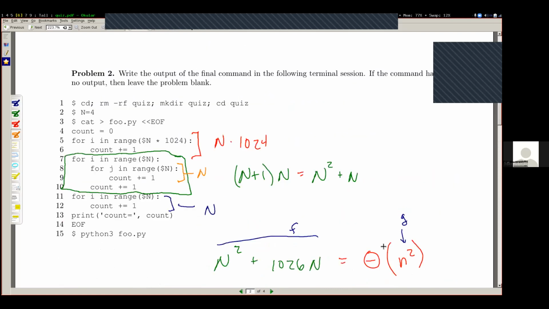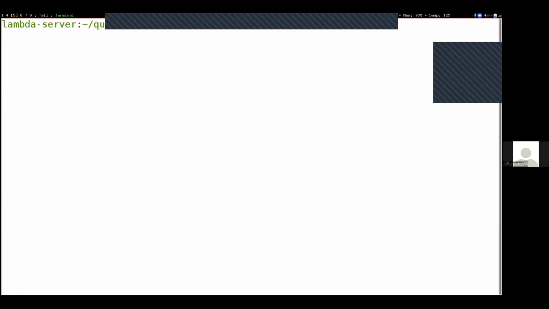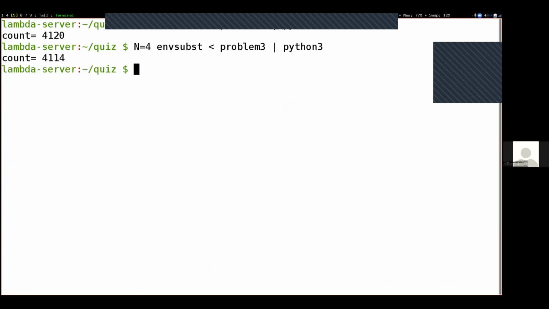Yeah, so now the question is comparing problem 2 and problem 3. Let's go to the terminal and think about how problem 2 and problem 3 are going to behave in terms of the actual numbers they're giving us. So let's start with the n equals 4 value. This is the answer to problem 2, and I'm going to rerun this with problem 3 and we'll see what the answer is.